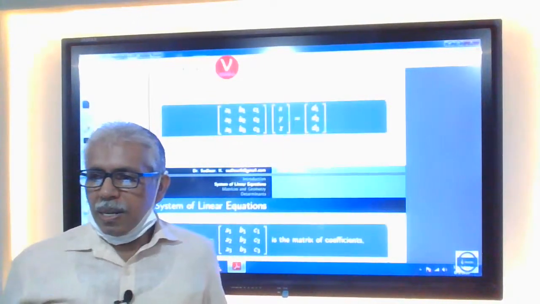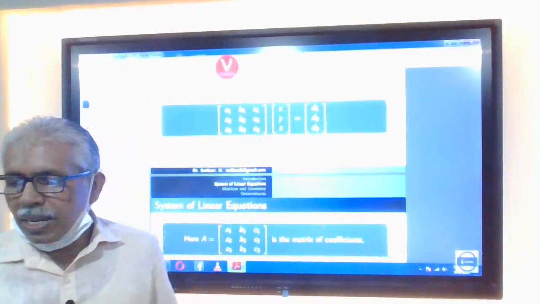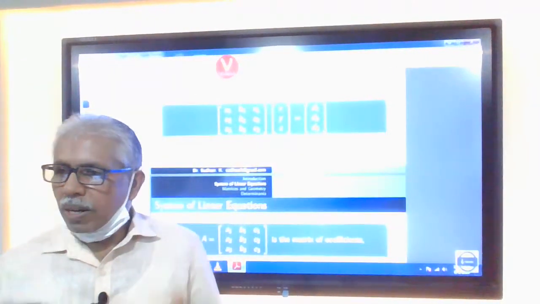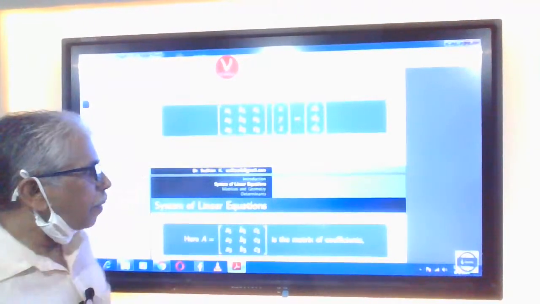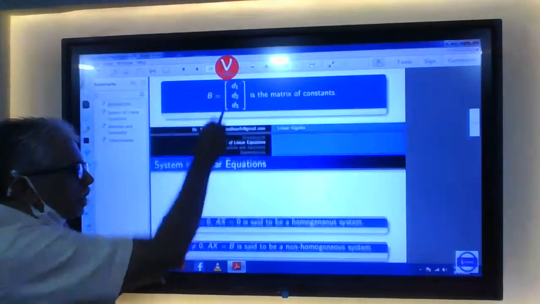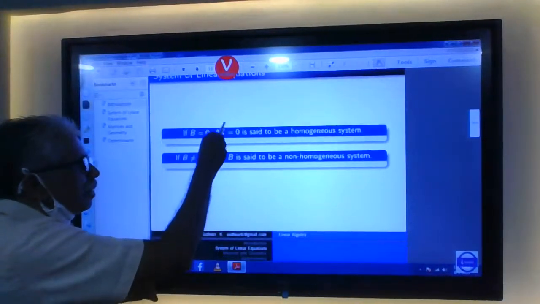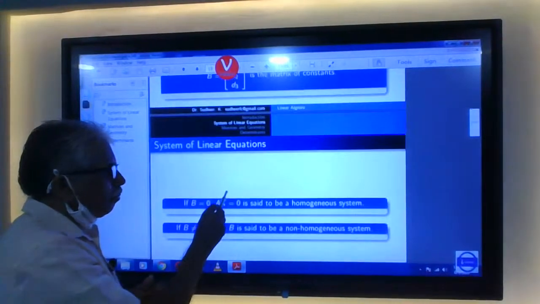So, for us, a matrix is a function. And we will look into what the properties of this function are. So in that process, we will have many geometrical ideas also.